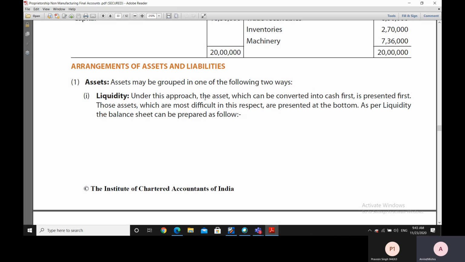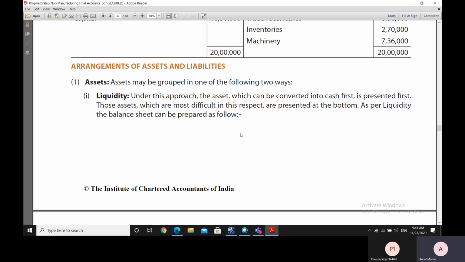Under this liquidity approach, the asset which can be converted into cash initially is presented first. Whatever can be converted to cash fastest is presented first. And those assets which are most difficult to convert into cash are presented at the bottom of the asset side of the balance sheet.